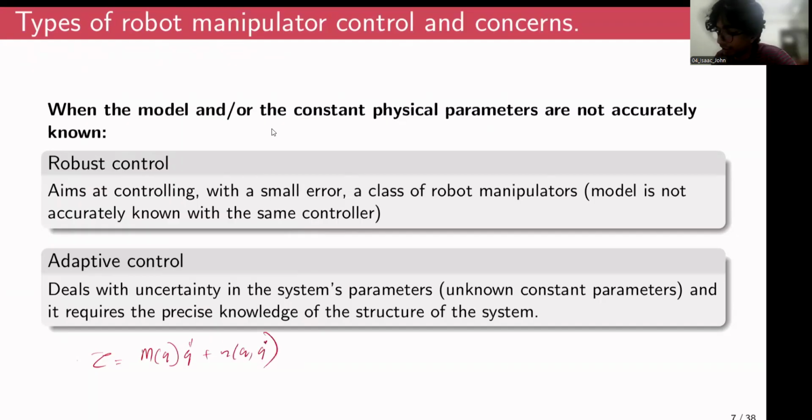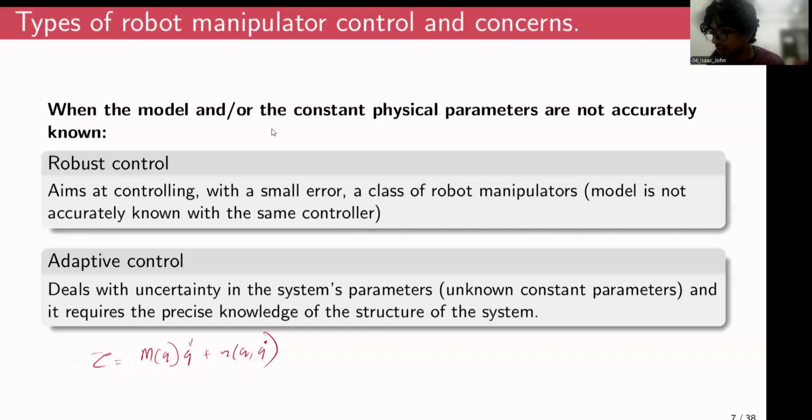For any robotic system, we derive an equation of motion of this form, but it may not be possible to estimate the constant physical parameters accurately. In an actual robotic system, we cannot exactly measure its center of gravity, the position of the center of mass, or its inertia matrix. So if we cannot exactly measure these parameters, what to do?